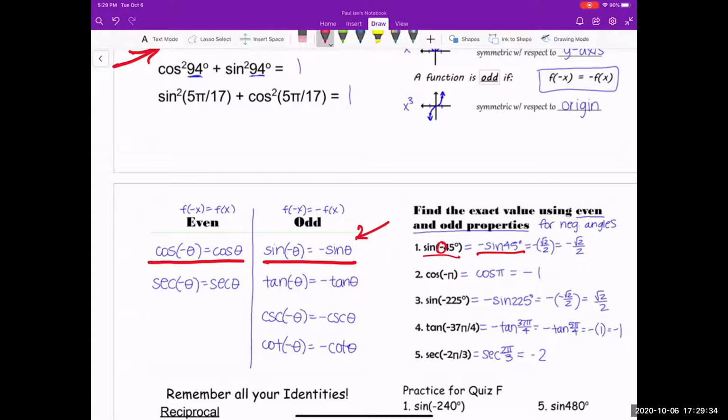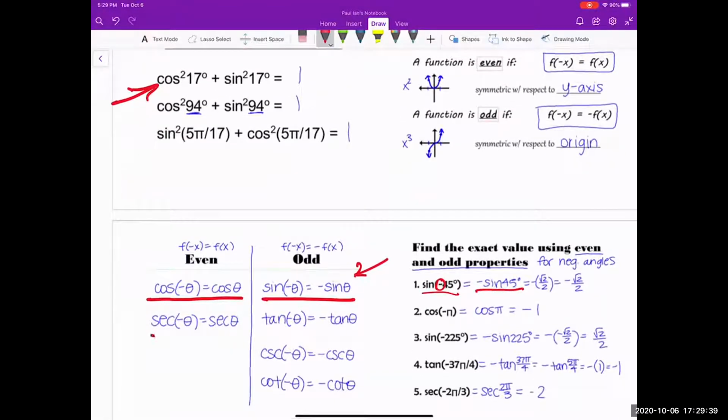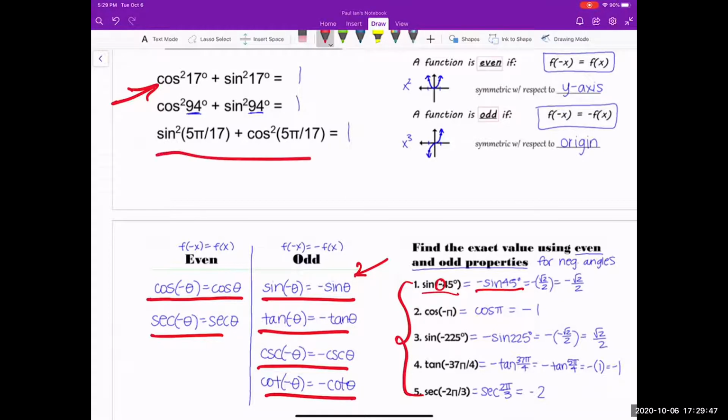The reason why trig sucks is all those identities. But just remember these identities, and when you apply them for an evaluation of an angle, apply them first. Same with these. Don't evaluate each one. Apply the identity, see if you can simplify it, and then actually evaluate it.